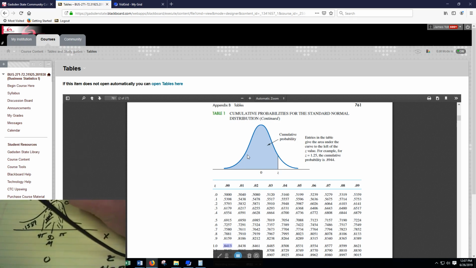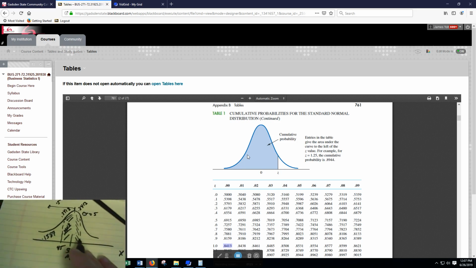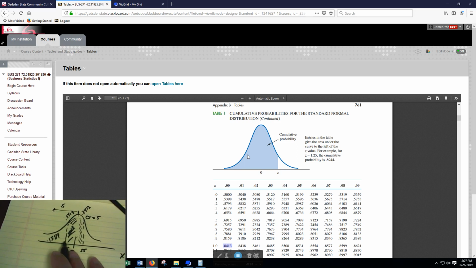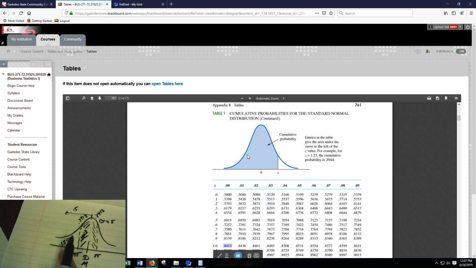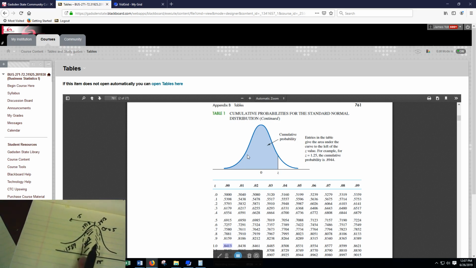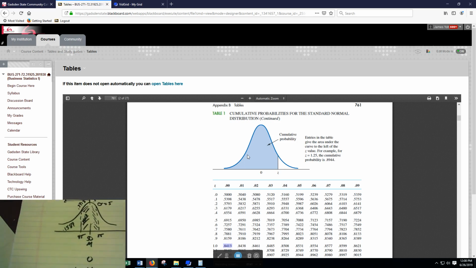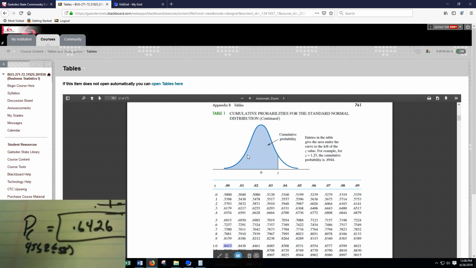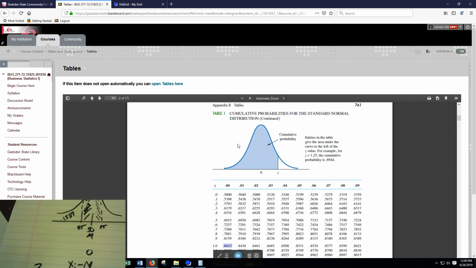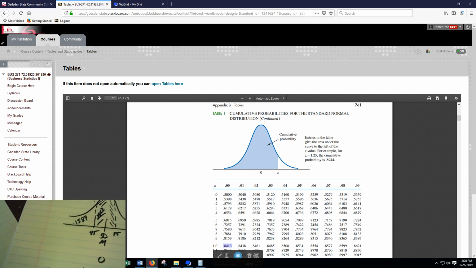And that makes sense because the z was 1 here and negative 1 here, and that had 0.3413 of the probability between it and the mean. So it's going to be the same between 1 and the mean because this is a symmetrical distribution. So we add those two together and we're going to get 0.6426. So we can say that approximately 64.26% of the observations will fall between 45 and 55.